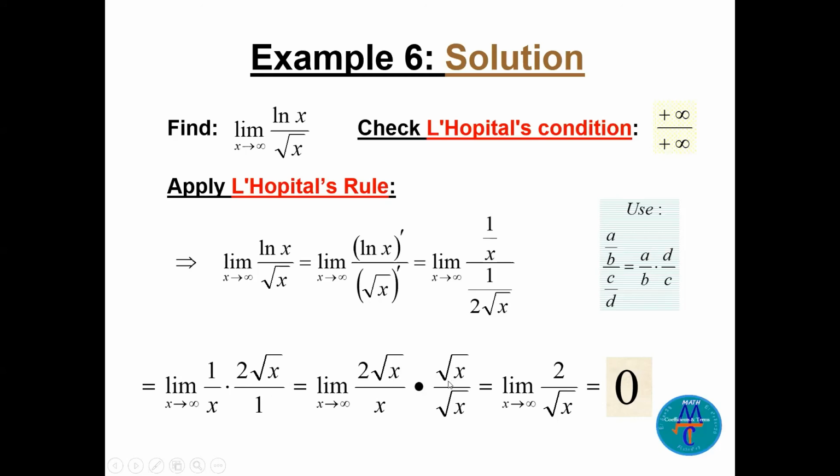Square root of x times square root of x will be x, which cancels with this. So finally you will have the limit of 2 over square root of x as x goes to infinity. If you replace it here, it will be 2 over infinity, so the limit will be 0 for the given function.